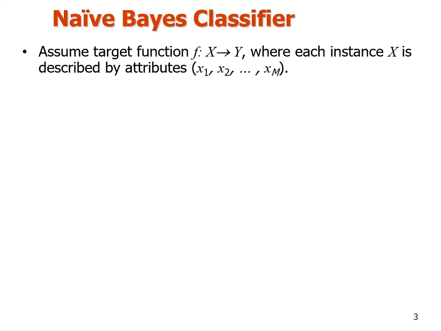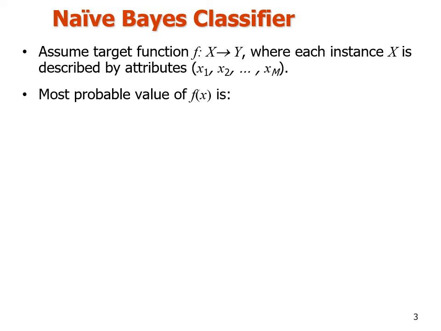Ultimately, what we are expecting is that our classifier should give us a class label for a new sample or new instance presented to this classifier. The Bayesian approach to classifying the new instance is to assign the most probable target value, denoted here as y MAP, given the attribute values x1, x2, x3 up to xm.